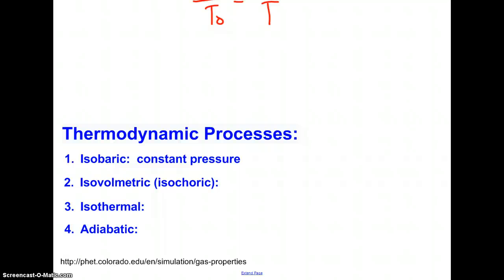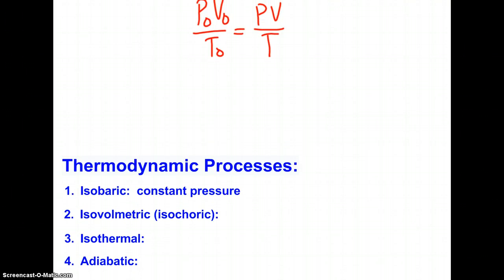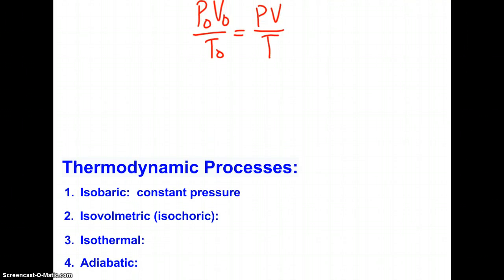And if that's true, in our analysis there of P0V0 over T0 equals PV over T, the P's would be the same on both sides. Isobaric should be easy for you to remember. Iso means same, and baric you remember from barometric pressure.